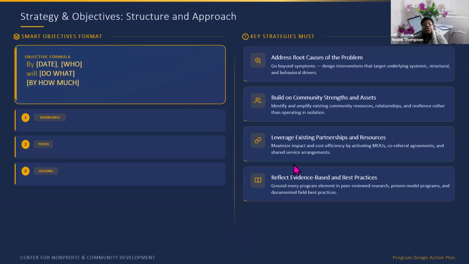Next, uneducated parents. Build on community strengths and assets. Identify and amplify existing community resources, relationships, and resilience rather than operating in isolation. Identify and amplify, make loud, the existing community resources.